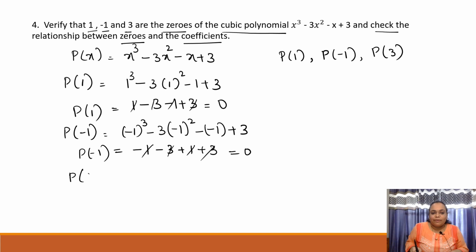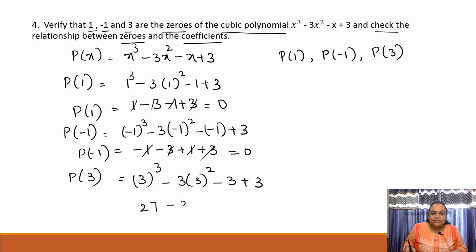Now let us take P of 3. What is P of 3? P of 3 will be 3 whole cube minus 3 of 3 square minus 3 plus 3. So 3 cube will be 27 minus 3 of 9 minus 3 plus 3.